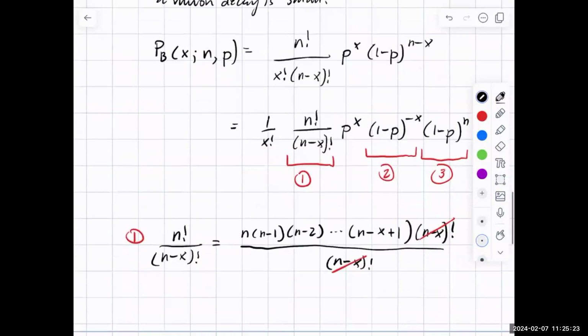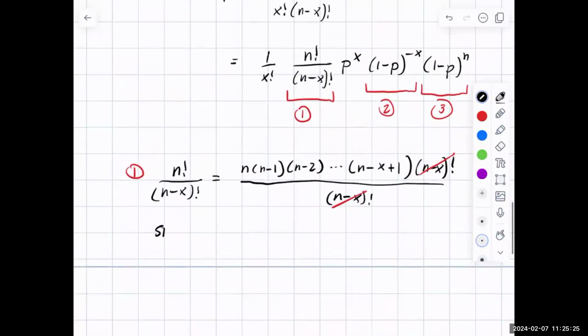Okay, so since P is very small, that means X is much less than N. We have few successes.